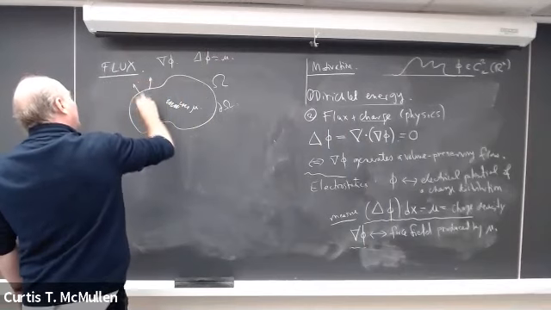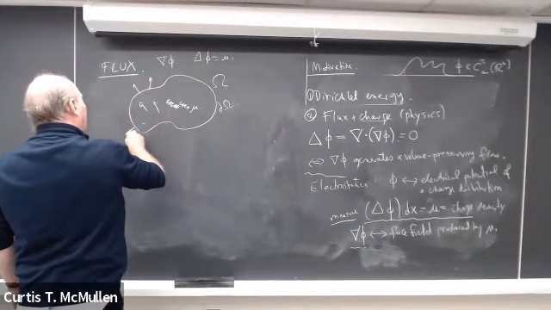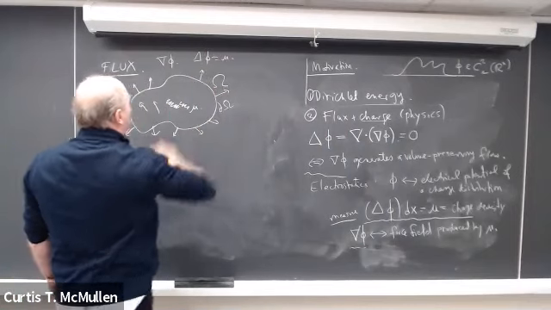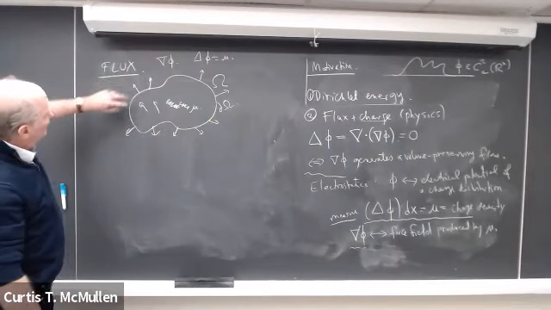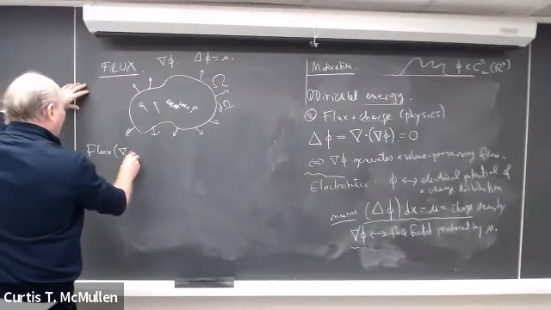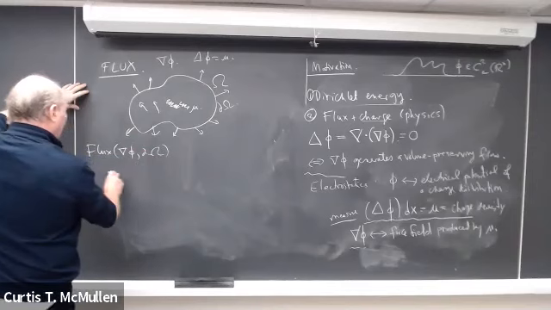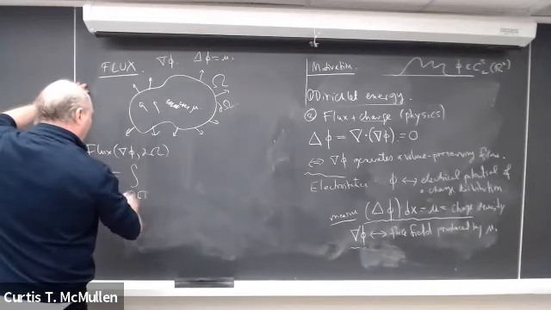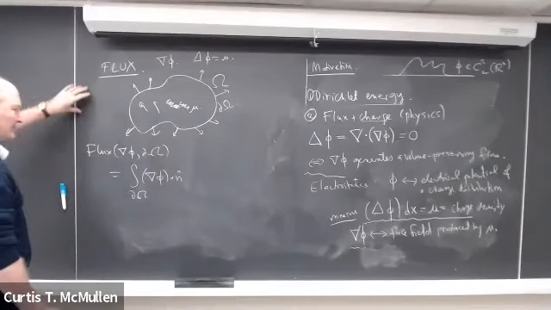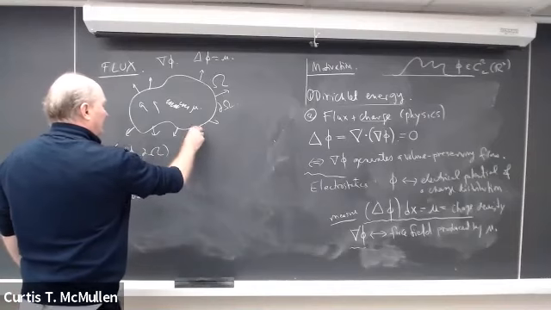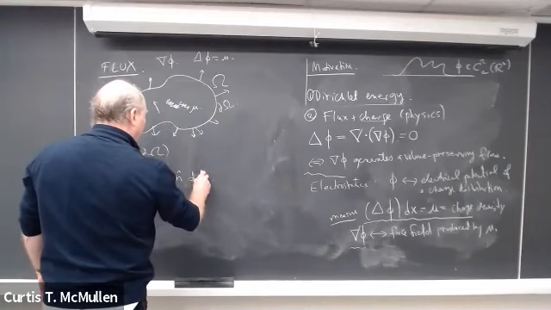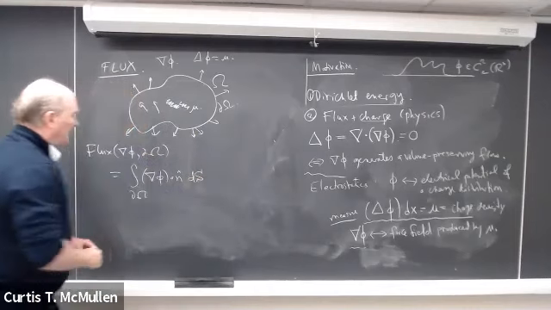And we can look at what the net flow is through the boundary of the region. This is called the flux of this vector field through the boundary of the region omega. So the flux of the gradient of phi through the boundary of omega is the integral over the boundary of omega of the gradient of phi dot the unit normal vector to the boundary. So that's measuring the component of the vector field pointing orthogonal to the boundary times the surface area measure on the boundary.